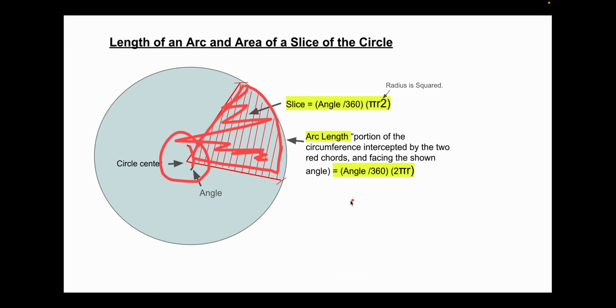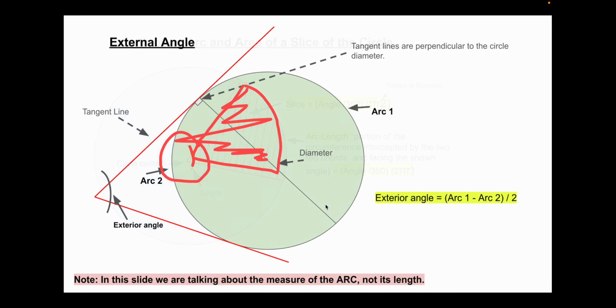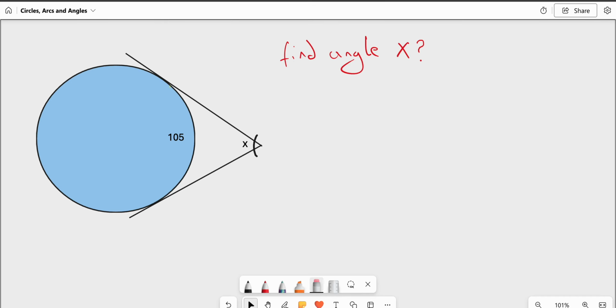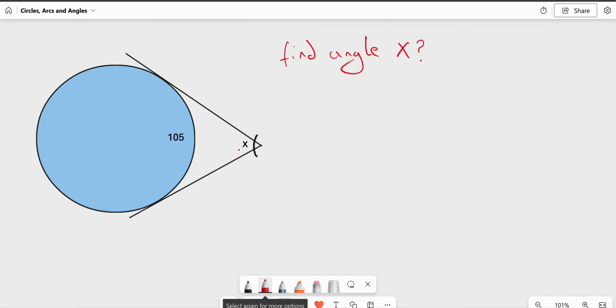Let's now try to do some exercises. Okay, so let's start with the first exercise. In this exercise we need to find angle x, this angle here. Now the first thing we need to think is, what type of angle is this?